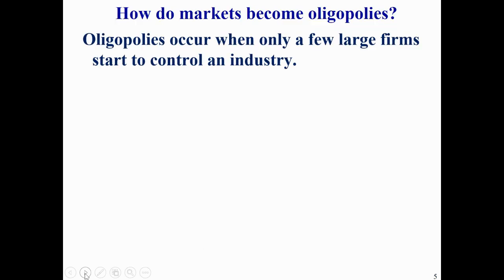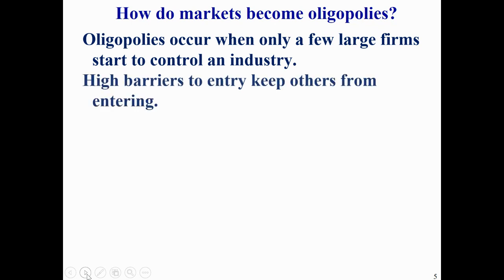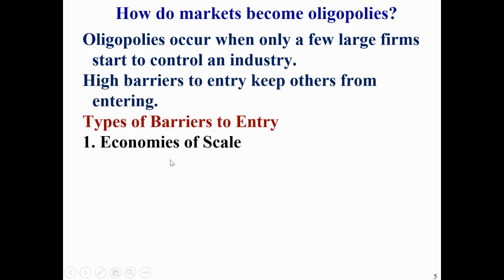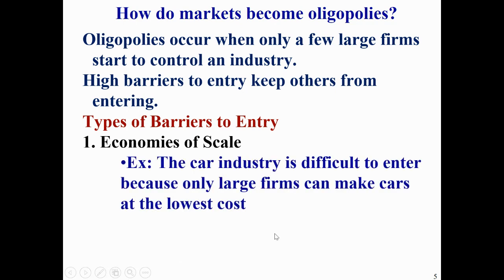So how do markets become oligopolies? It occurs when only a few firms start to control an industry. High barriers to entry. Types of barriers: the economies of scale. All right, so we had talked about the diseconomies of scale, the economies of scale, and constant returns to scale. These are typically in the economies of scale. It's really hard to enter.